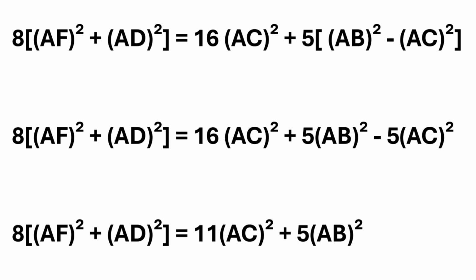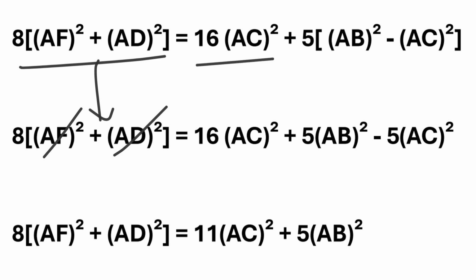Therefore, we get here 8, square bracket AF square plus AD square is equal to 16 AC square as it is, plus 5 into AB square, plus into minus, that is minus 5 into AC square.